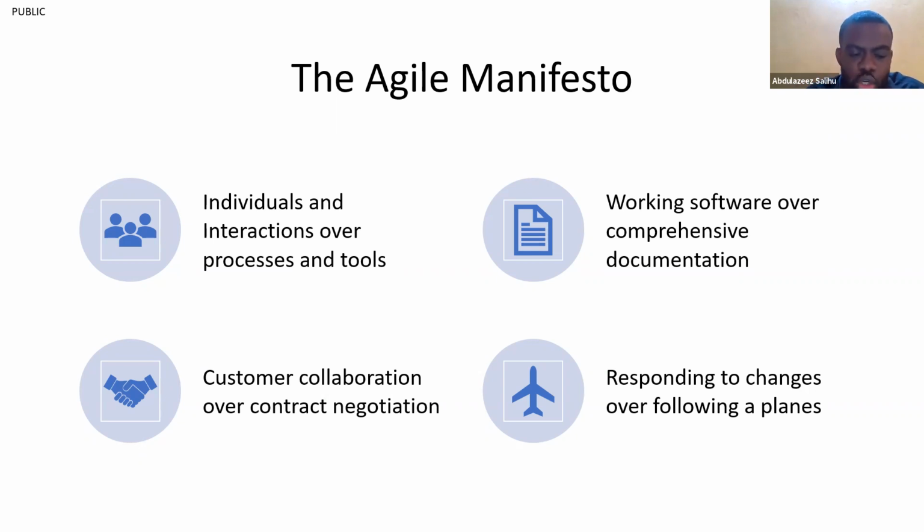Have face-to-face communication. That is the sixth. How do we have face-to-face communication? Before remote working, Agile teams were usually sitting in a cluster environment.